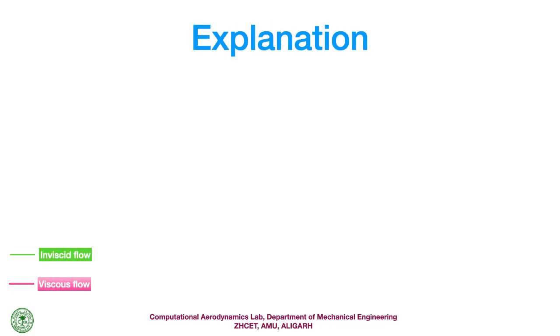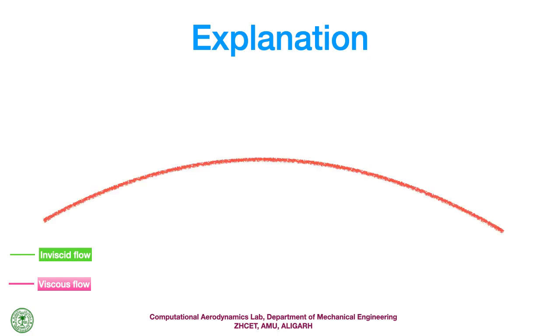Now I will show you another slide, with velocity profiles across a curved surface, which is shown by a red line. The green lines in this whole diagram represent inviscid fluid flow, and the pink lines represent the viscous flow.